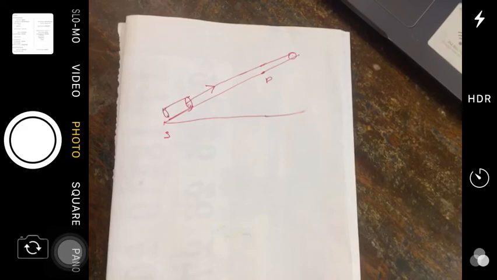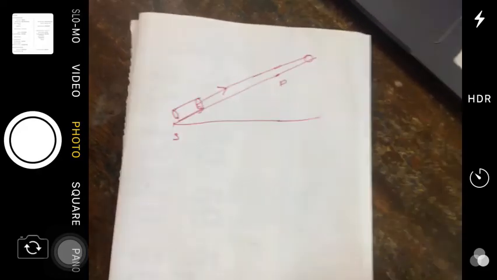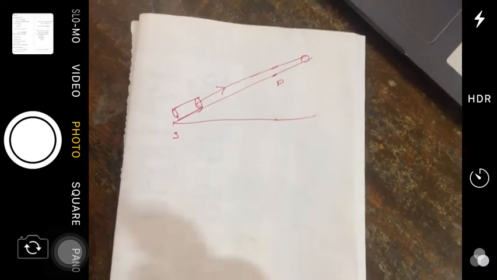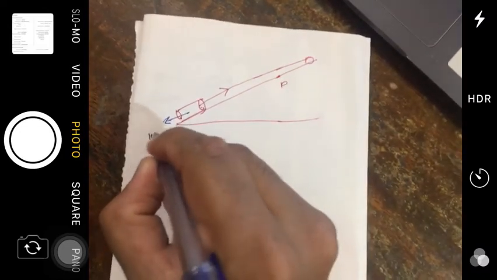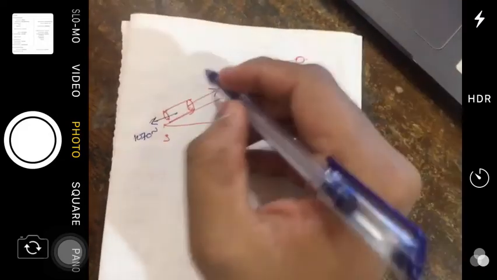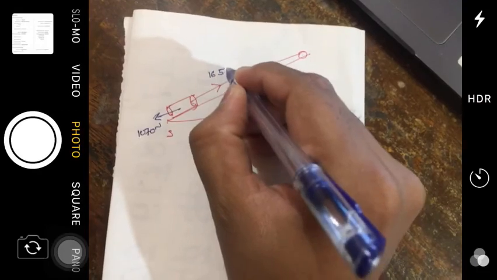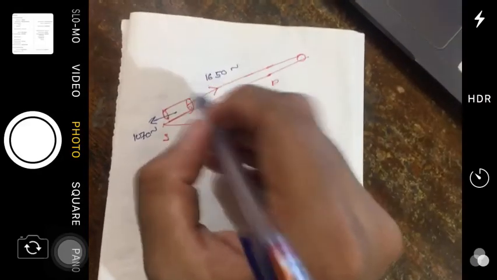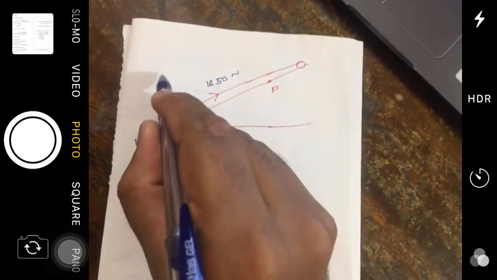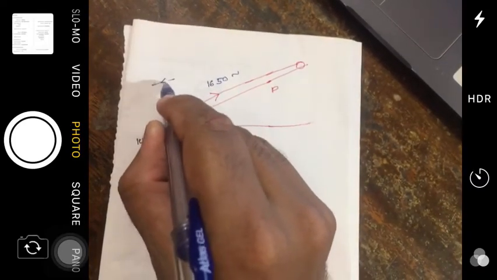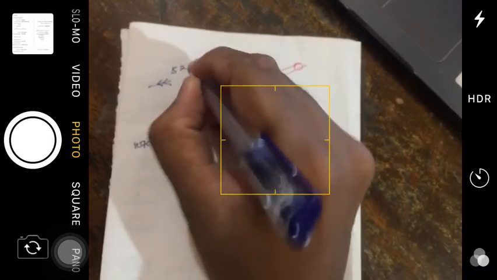So we have calculated that the component of weight along the inclined plane is 1070 Newton, and the tension in the string is 1650 Newton, and there is a constant frictional force that is up between the surface and the log that is equal to 525 Newton.